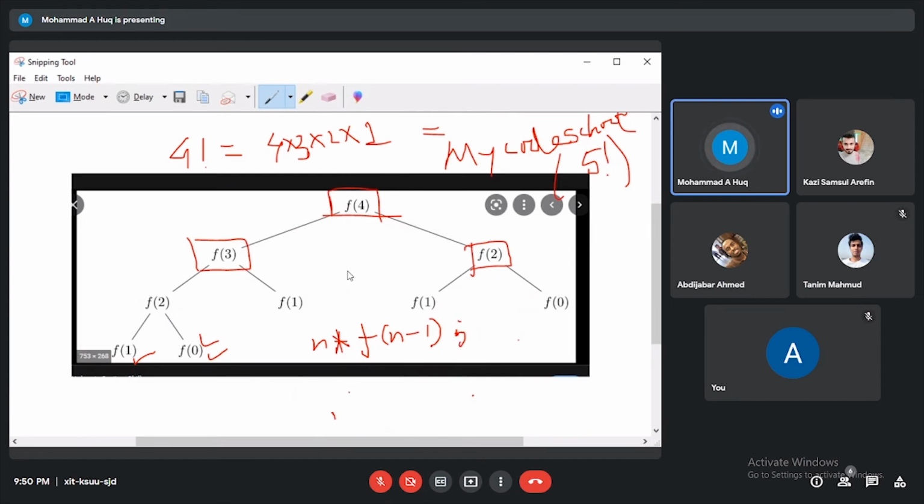So when you gave input as 4, what happened? 4 into which function will be called now? Function of 3. And 3 will call 2. 2 will call 1. So now you have understood that the problem is divided into sub-problems.